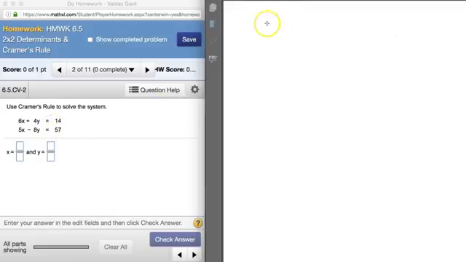If we take this particular system and write it in this matrix form, it'll look like this, where we first form our coefficient matrix, and then we have our variable matrix, and then we have our answer matrix.